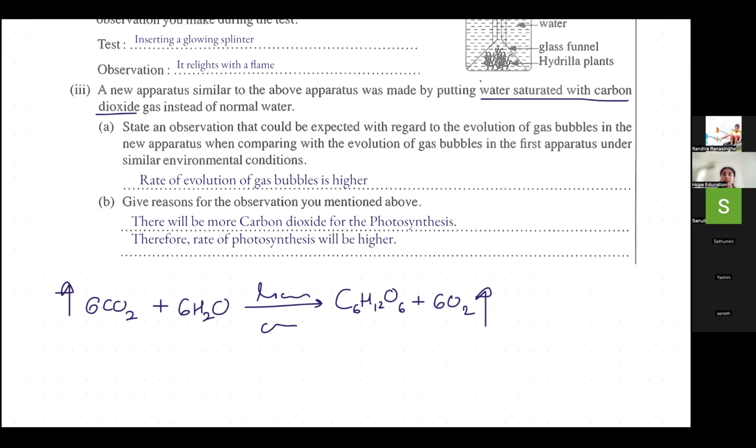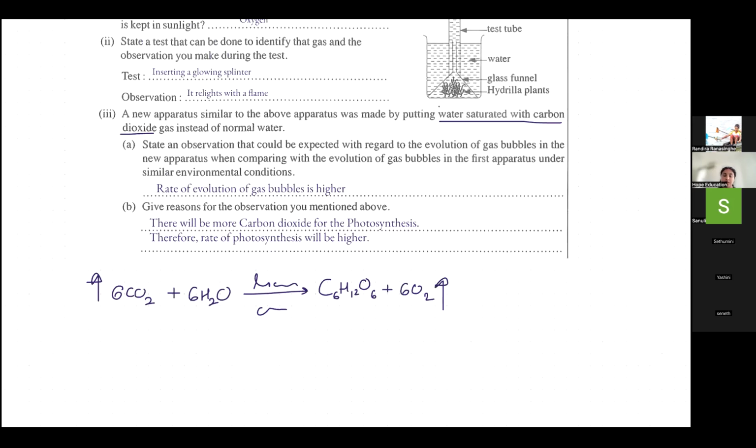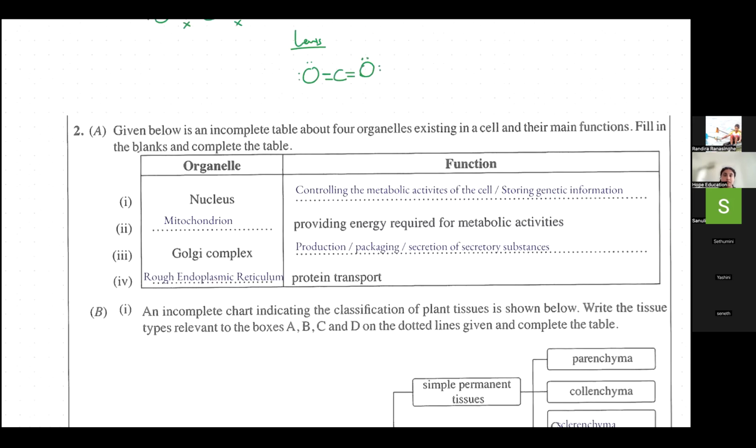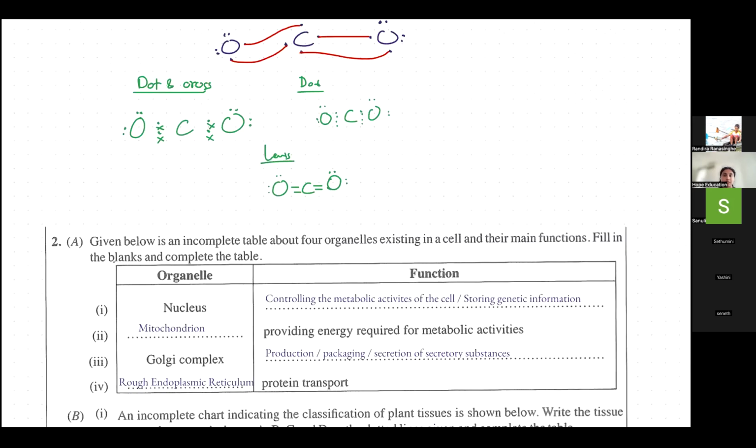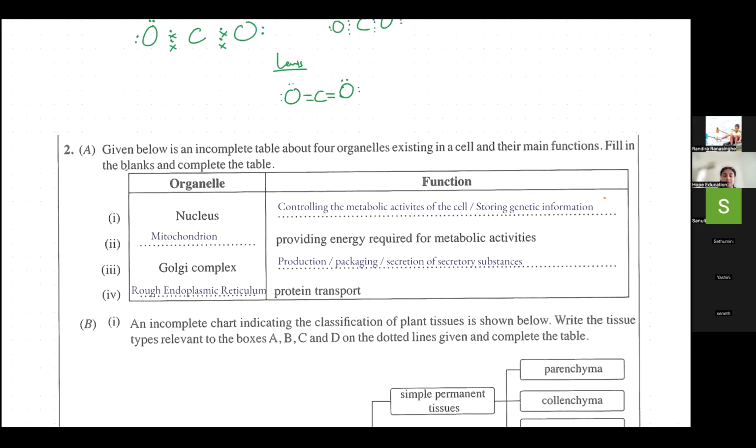Okay, so let me tell you how marks are given and then we will end today's class. 2020. Okay, here 1 mark for this, 1 mark for this, 1 for this, and 1 for this.